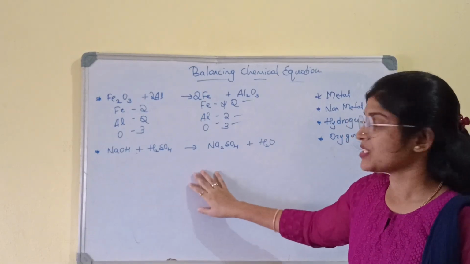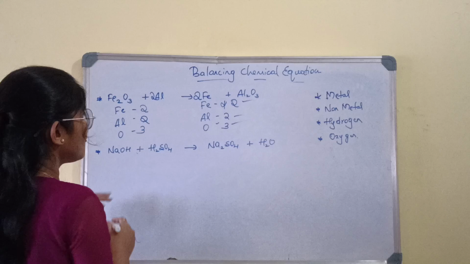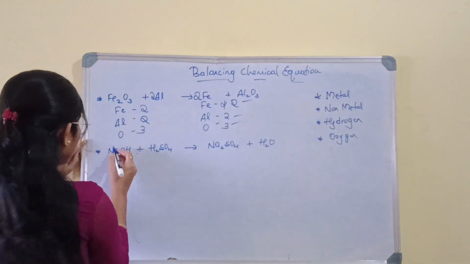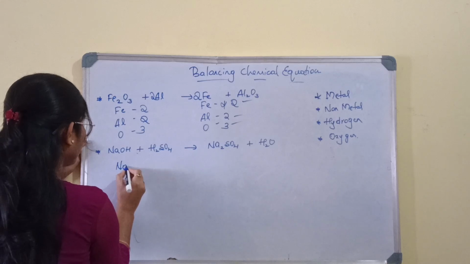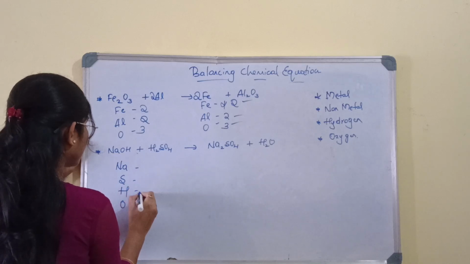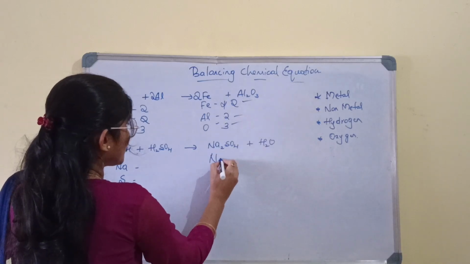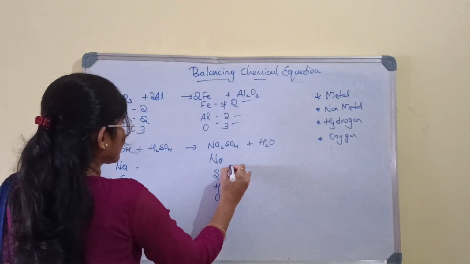Okay, next move to the next equation. Here first write the metal. What are the atoms in the reactant side? Sodium, next sulfur, non-metal, hydrogen and oxygen. And again on the product side: sodium, sulfur, hydrogen, oxygen.